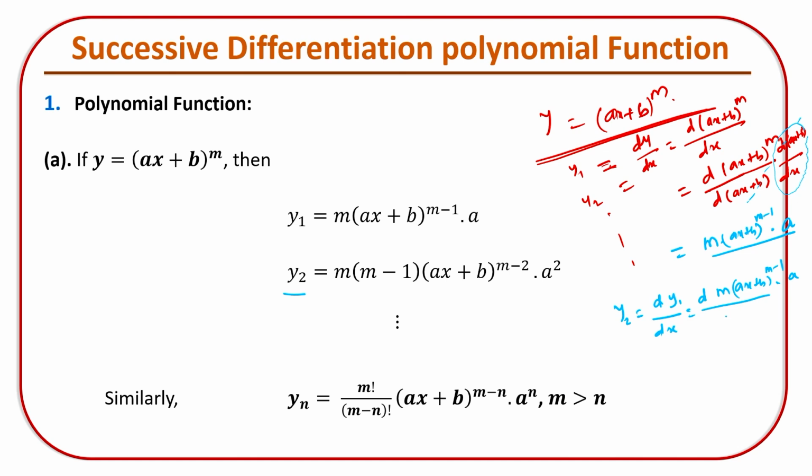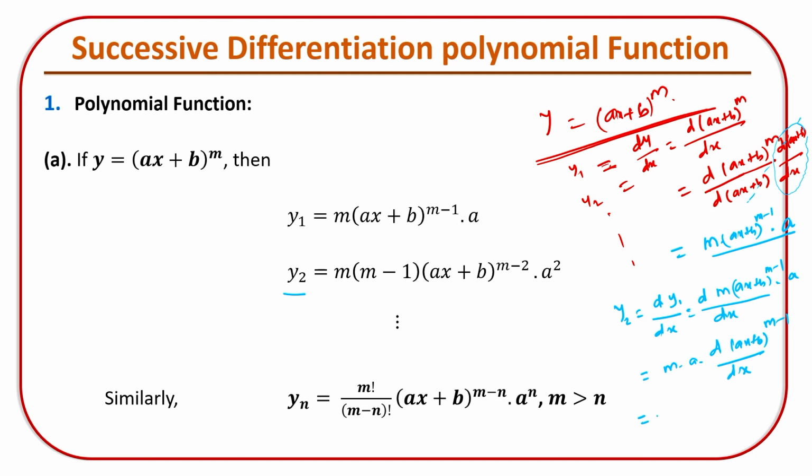Take these constants outside, and using the same chain rule you will have m into a into d of (ax plus b) power m minus 1 by dx.